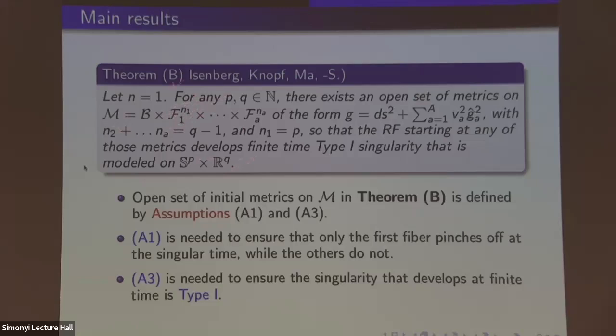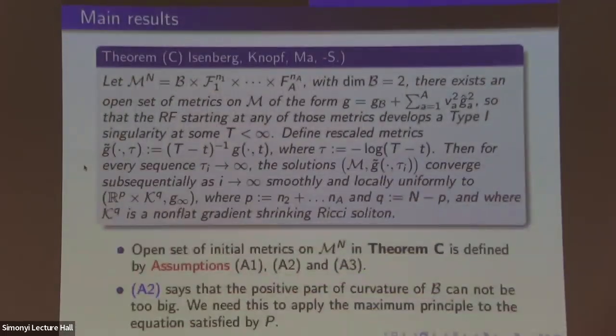This means that V1 becomes 0 somewhere on the first fiber before that happens for the warping functions on all other fibers. So all other fibers somehow get some control. And when we blow up everything, then all of them, F2 up to Fa, will contribute to these R^Q factors in the limit. So this is what I already said.